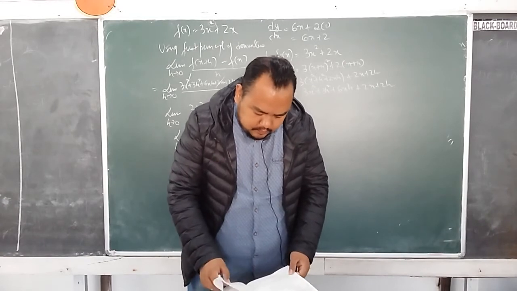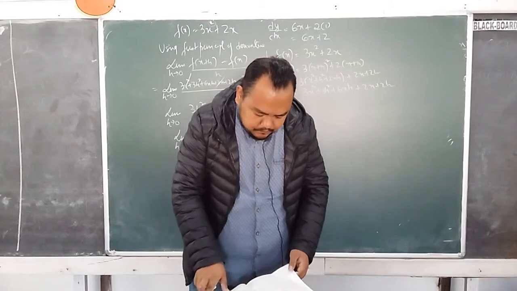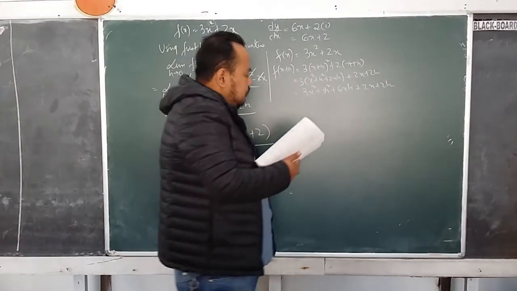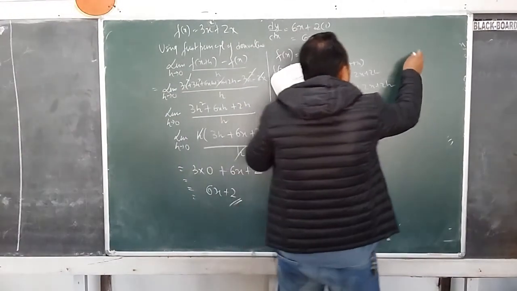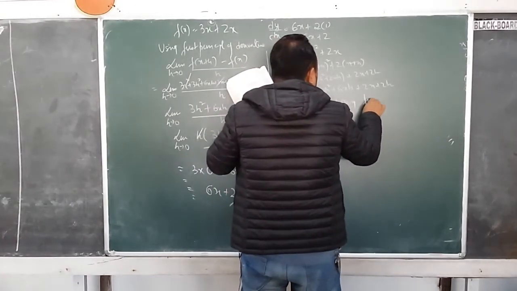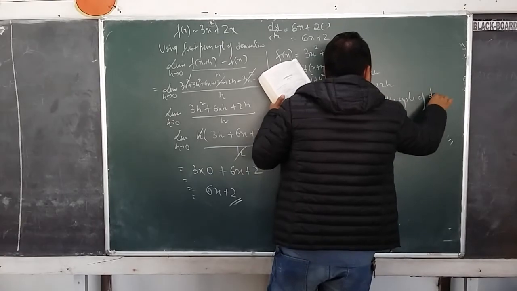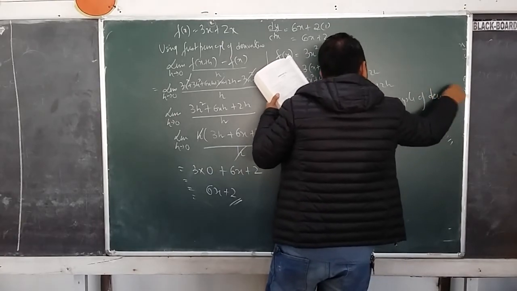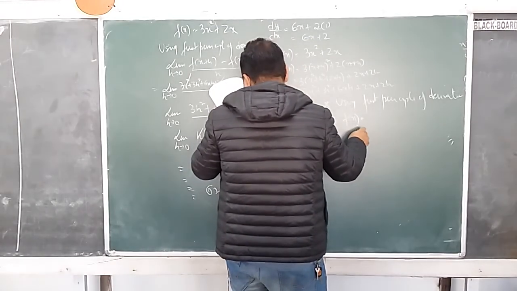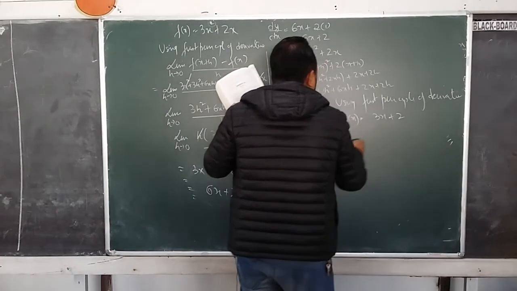So with this, I want you all to try a few questions. I'll just write it down. Using first principle of derivative, find the differentiation of: number 1, f(x) equal to 3x plus 2.